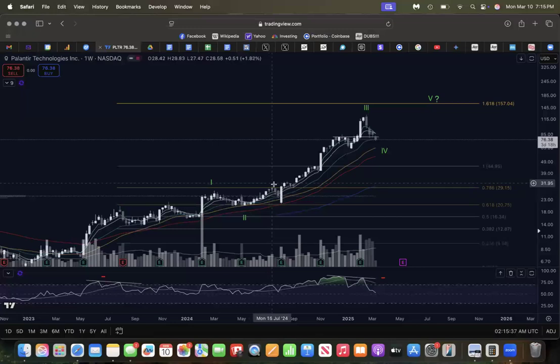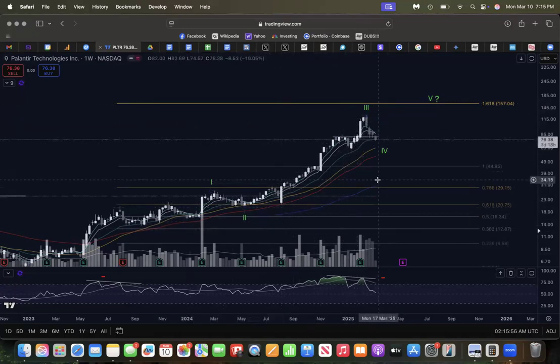This is profit being taken by institutions, by hedge funds, by larger traders, larger operators that take profit on extensions away from longer moving averages and then reload at the moving average. So this is the nature of uptrends.